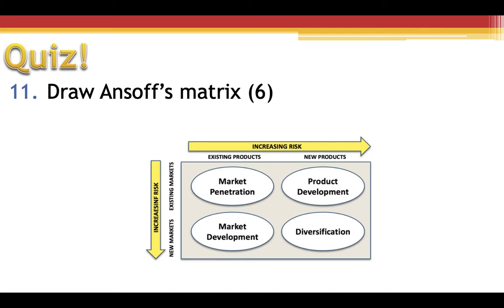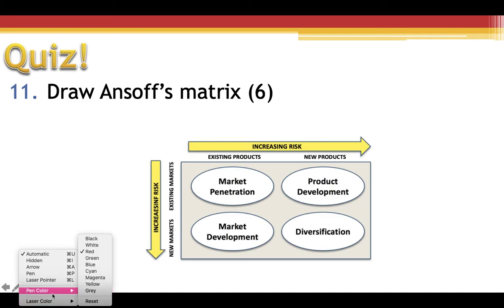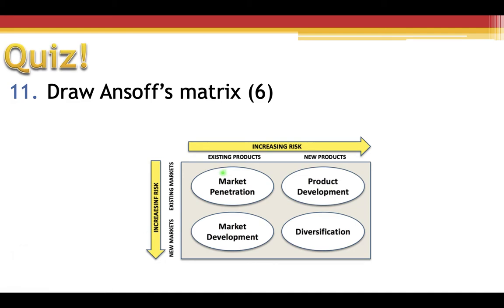So Ansoff's matrix looks like this. We've got products and markets, so existing and new. So if we're in this sort of area, can we use a laser colour? Does that work? So we can go market penetration, so existing is market penetration, the least risky, selling the same product to the same people. So trying to sell more Big Macs in Hong Kong.